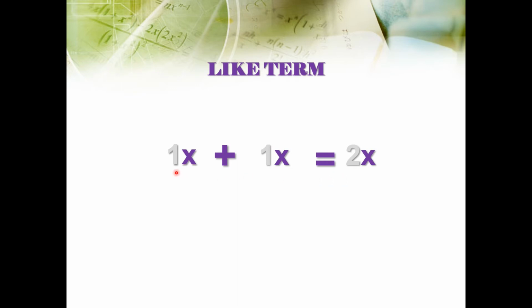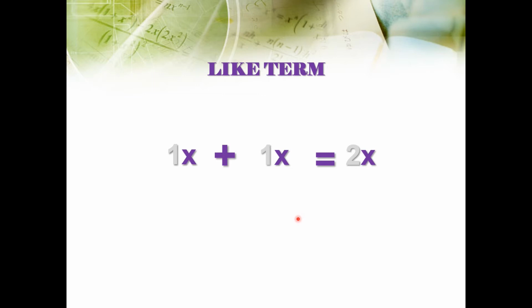You just need to add 1 plus 1 equals 2. You don't need to add the x plus x, so the x is still x. Because 1x is a term, and this is a term, these are like terms. It means there are the same variables, so you can just add them into 2x.